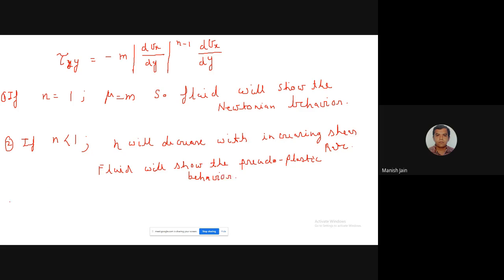Okay, next point, if n is greater than 1, then this power will be positive, and the value of the viscosity eta will increase with increasing shear rate, and the fluid will show the dilatant behavior. Eta is the apparent viscosity.